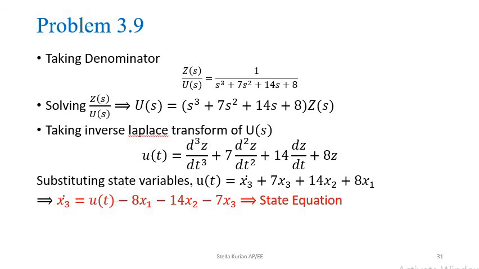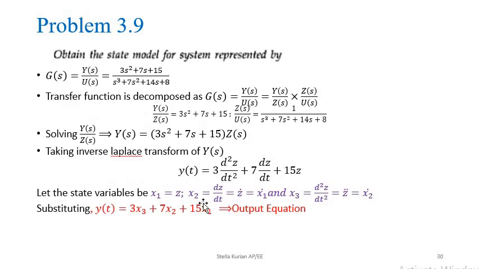The other differential equations were given here. x1 dot was equal to x2 and x2 dot was equal to x3. So you got all the three differential equations as well as the output equation. Now you may write it in form of matrices and obtain the state space modeling of the given system.